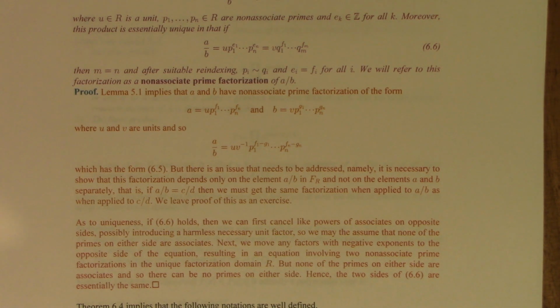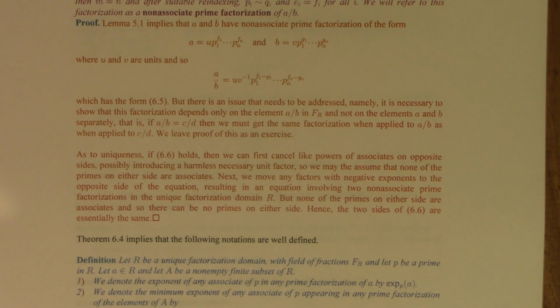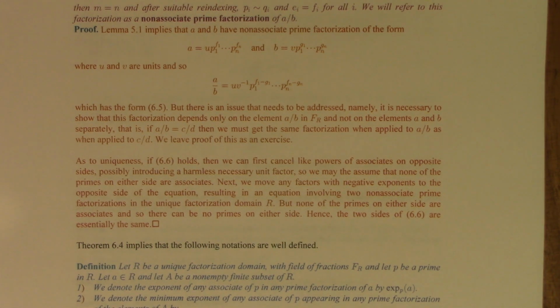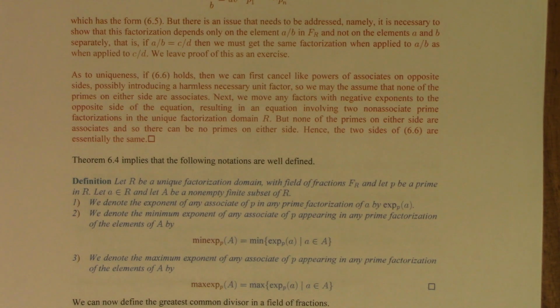It's not dependent on the numerator or the denominator alone, it's dependent on both at the same time. I'm going to leave this for you to justify. Actually, I made it an exercise. There's a solution in the book if you're interested in that.